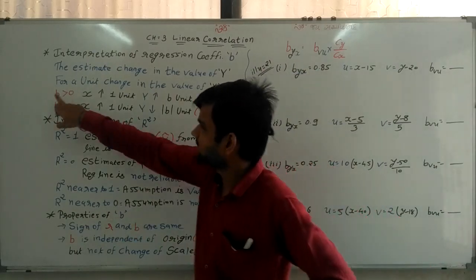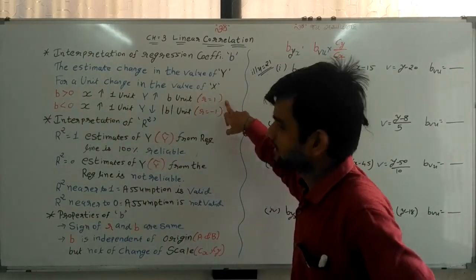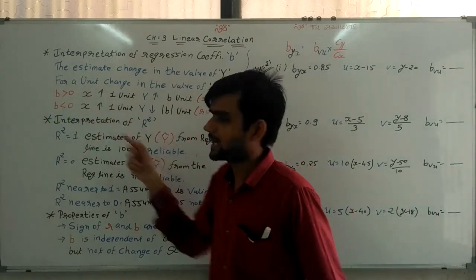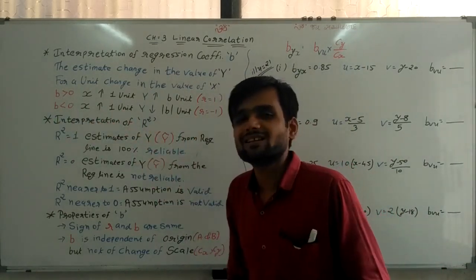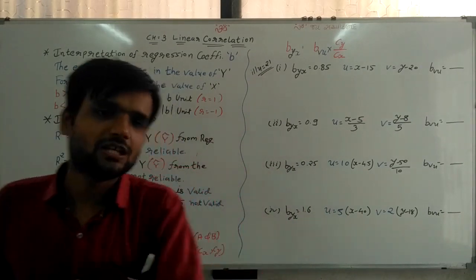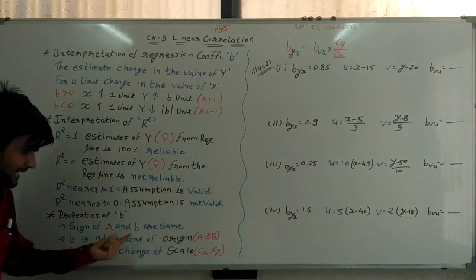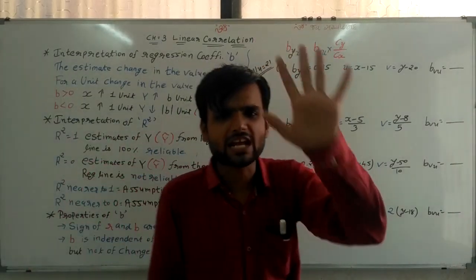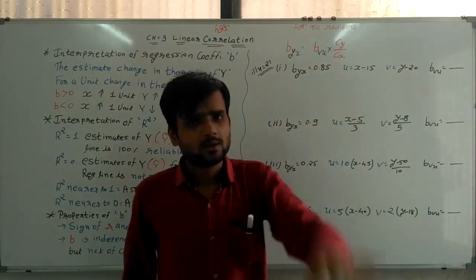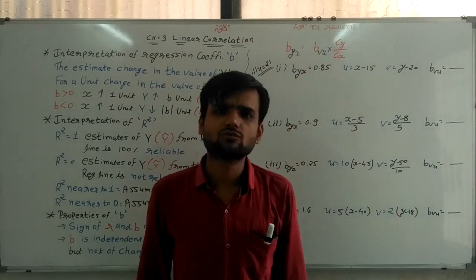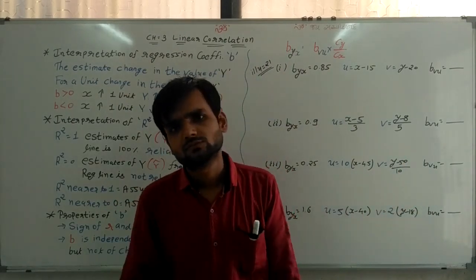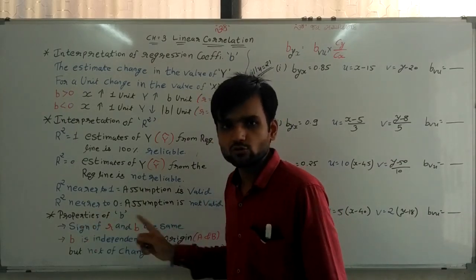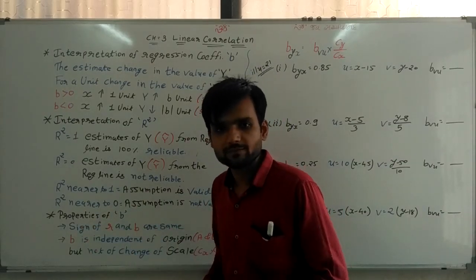Think, here if B is positive, the answer is R equal to plus 1, and if B is negative, the answer is minus 1. So simple, sir. The sign of B and R are always the same. If B is negative, R is negative; if B is positive, R is also positive.